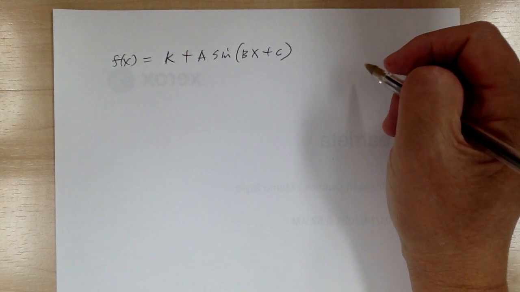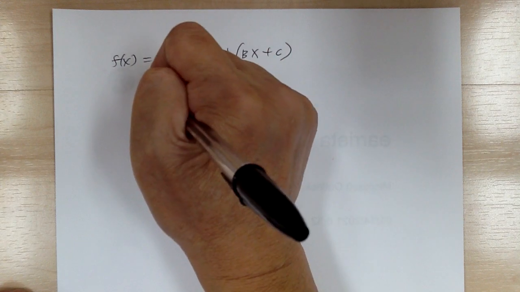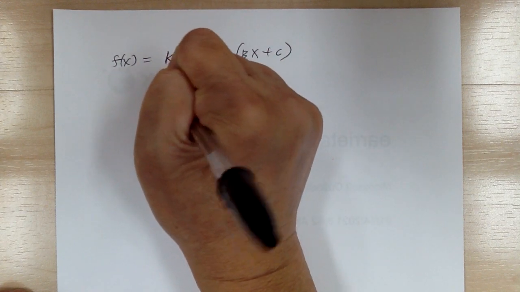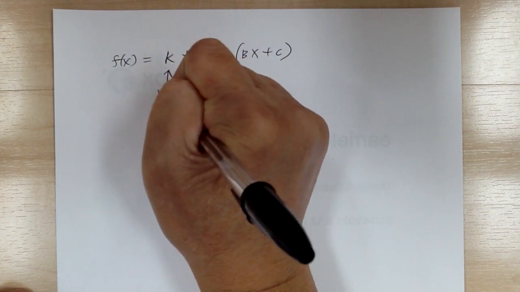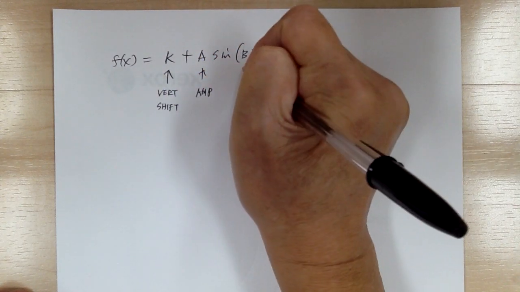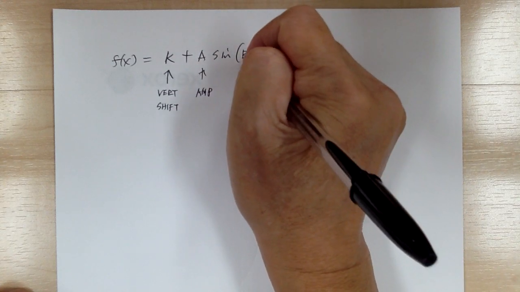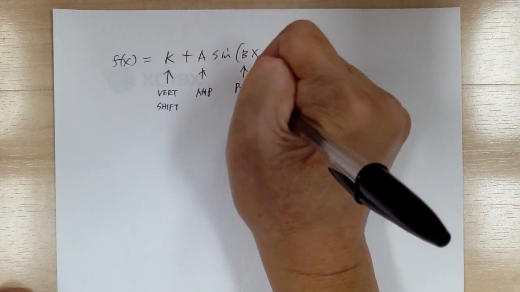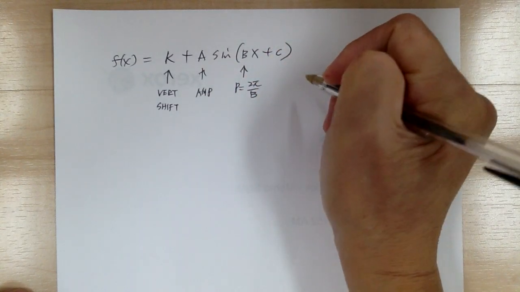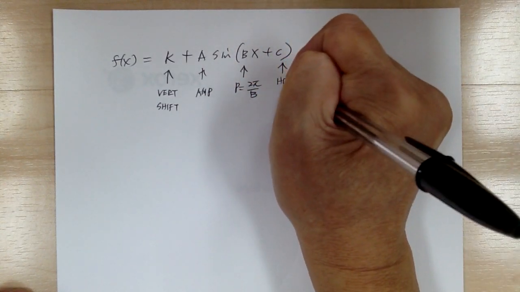So the k is your vertical shift. This a is your amplitude. And this b will determine the period. This controls the period, it is not the period itself. So period equals 2 pi over b. And this c is your horizontal shift.